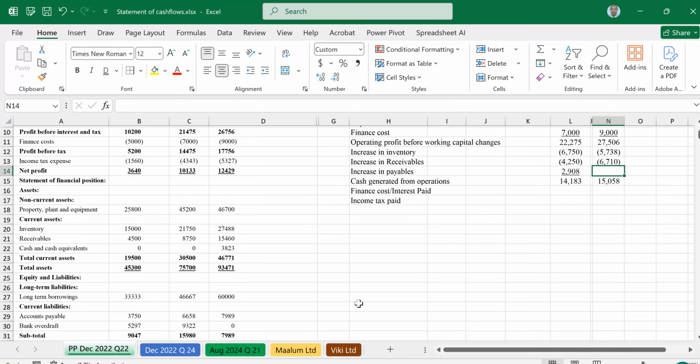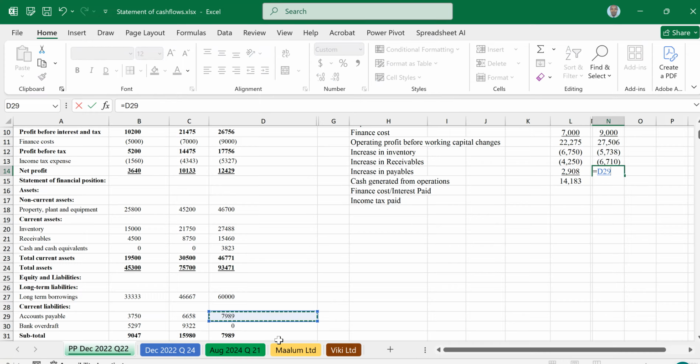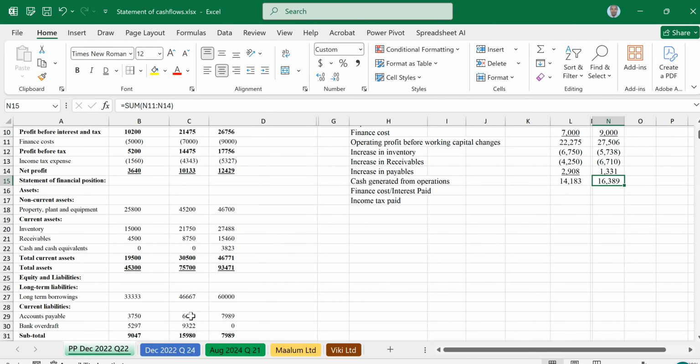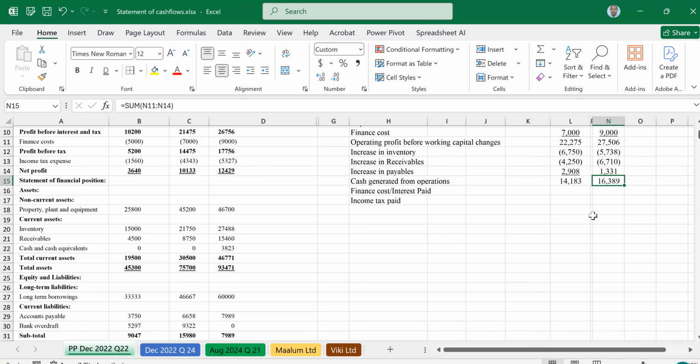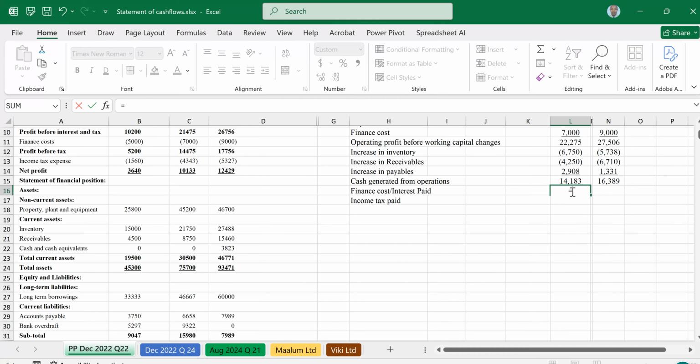The other one would be 7989 minus 6658. So the increase in payables are inflows and not outflows. That's a good reminder.